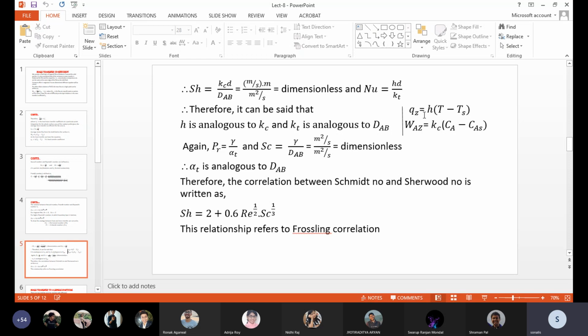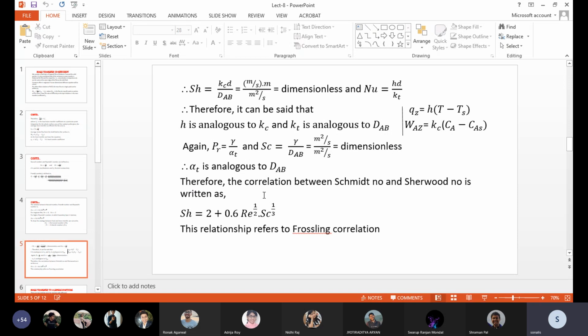Also from the equations Qz is equal to H times T minus Ts, and Waz is equal to Kc times Ca minus Cas, we can write H is analogous to Kc. Again, Prandtl number is gamma by alpha T, and Schmidt number is gamma by DAB. So here again alpha T, thermal diffusivity, is analogous to DAB, mass transfer diffusivity. Both are dimensionless, so we can write.